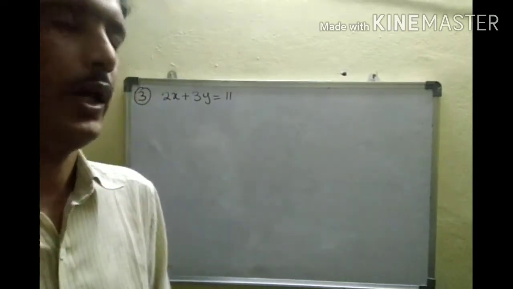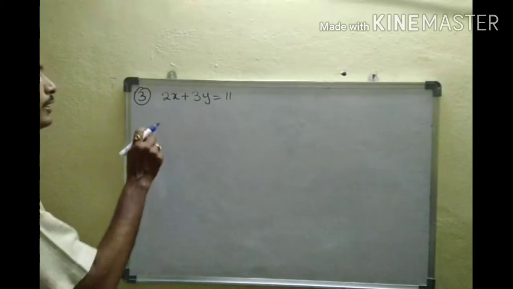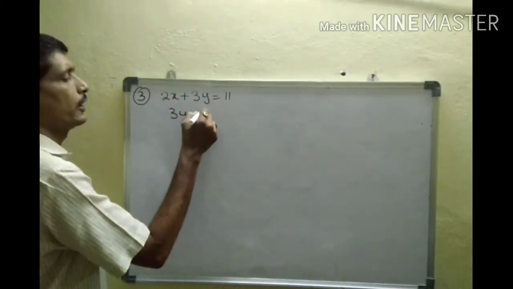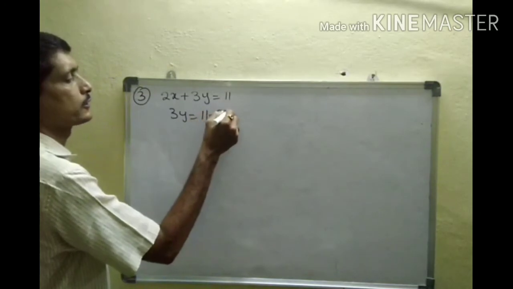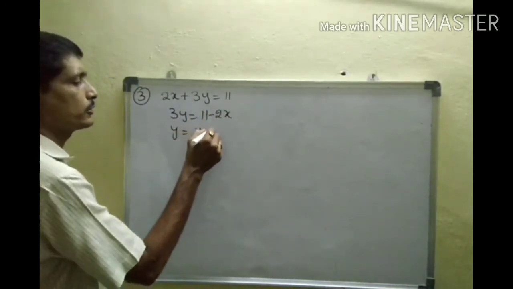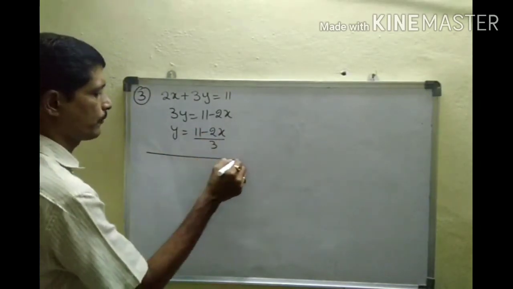Okay, here given equation, that is 2x plus 3y equal to 11. This 2x is changing that side, 3y equal to 11 minus 2x. Therefore y equal to, the 3 change this side, that equal to 11 minus 2x by 3.